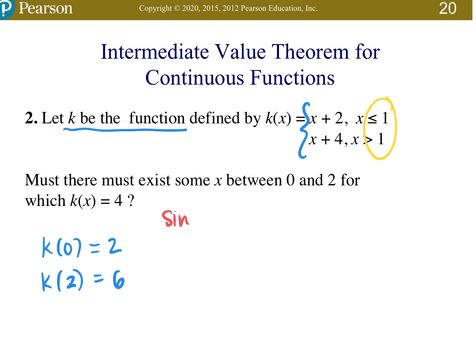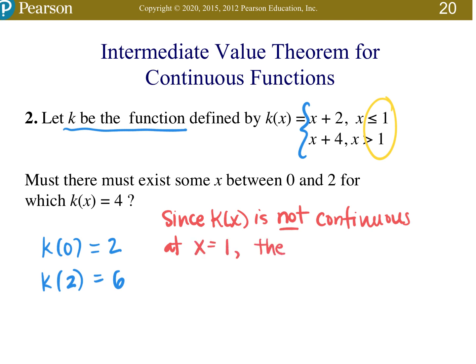Since k of x is not continuous at x equals 1, the IVT doesn't apply and guarantees nothing.